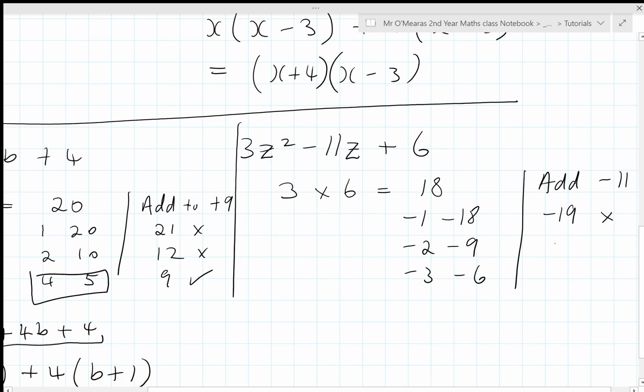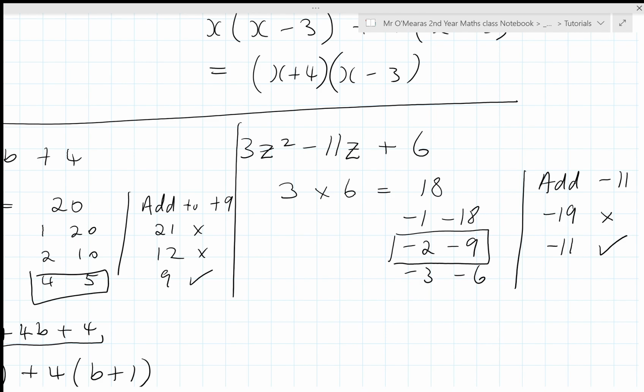Minus 2 minus 9, minus 11, yes. Once we've found it, we don't need to do any more. So we have found the pair of factors that passes both tests. They multiply to give us plus 18, minus 2 by minus 9 is plus 18, and also they add up to give you minus 11.